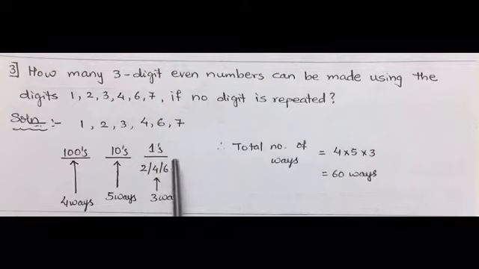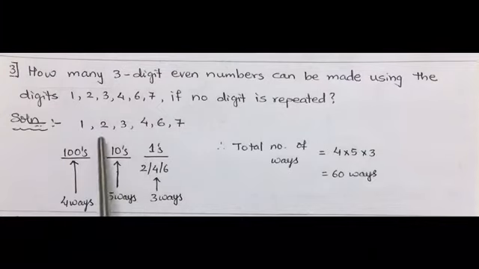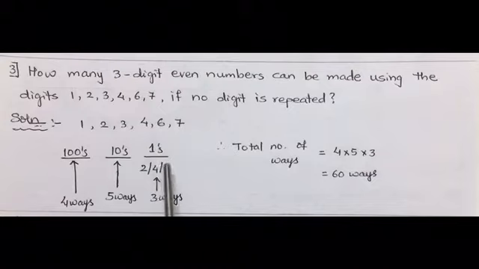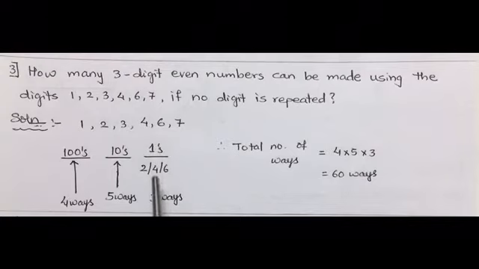Now to make an even number, the ones place is very important. So that can be arranged by taking 2, 4 and 6. Then and only then it can be an even number. So the ones place can be arranged in 3 ways.